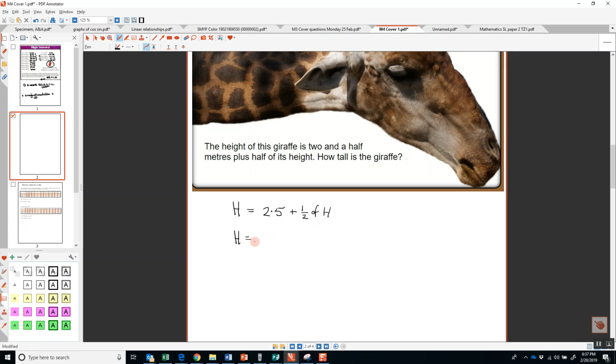Now, if you want to pause the video and go back and try and figure it out, go for it, okay? But again, don't spend too long. We do have other stuff to do. So we've got 2.5 plus, now of in maths means to multiply. So I've got half of the height. Now in order to find out h, what I'm going to do is I'm going to subtract, let's use a different color.